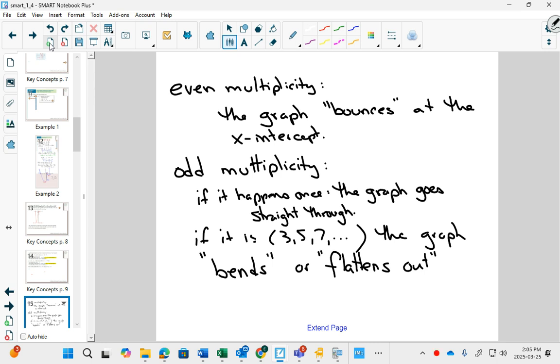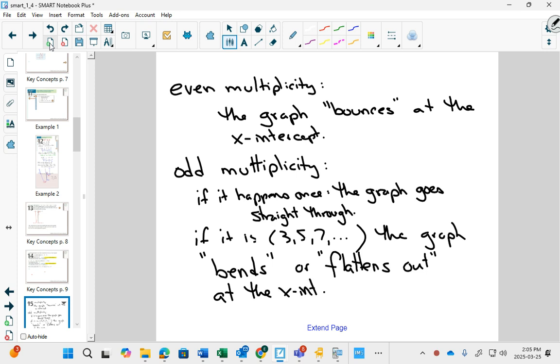The graph bends or flattens out. The mathematical word would be stationary point of inflection. But you have to take calculus to talk about those words. That's next year.